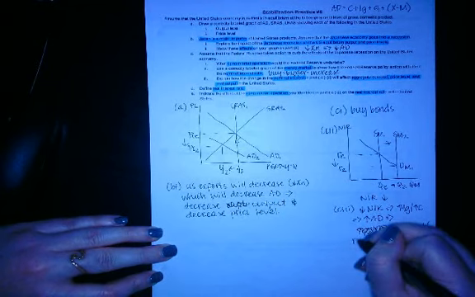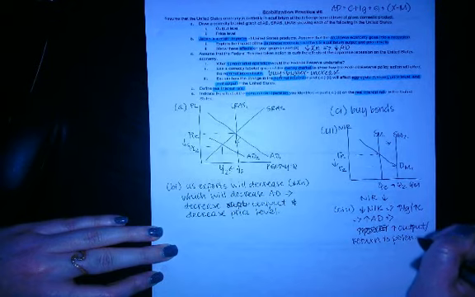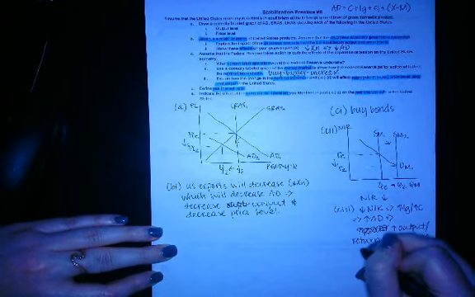So if you want to use the arrow method, this is how you use the arrow method, making sure you're following the order of things that actually happen.